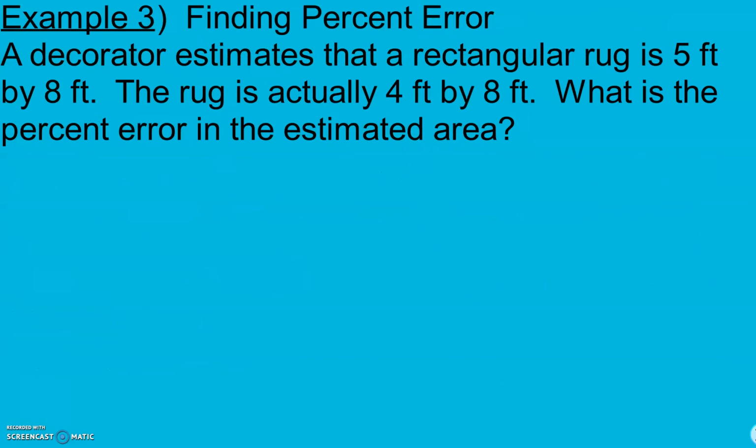A decorator estimates that a rectangular rug is 5 feet by 8 feet. The rug is actually 4 feet by 8 feet. What is the percent error in the estimated area? So here we're comparing areas. We're going to find our percent error in the estimated areas. So let's figure out what our areas are.